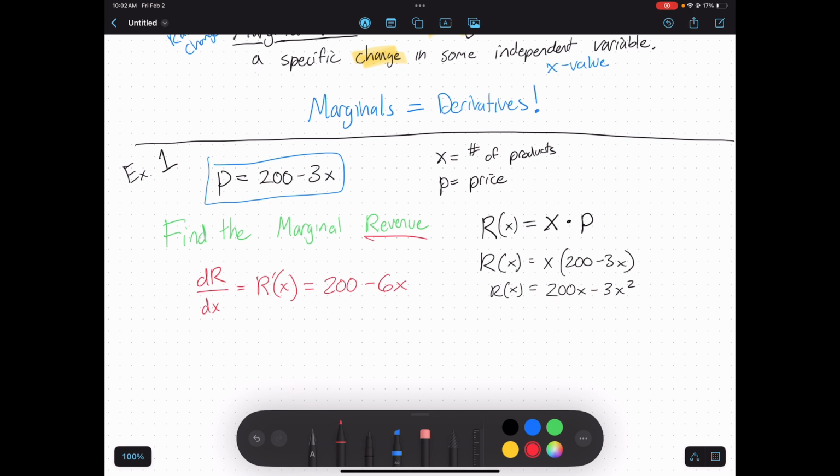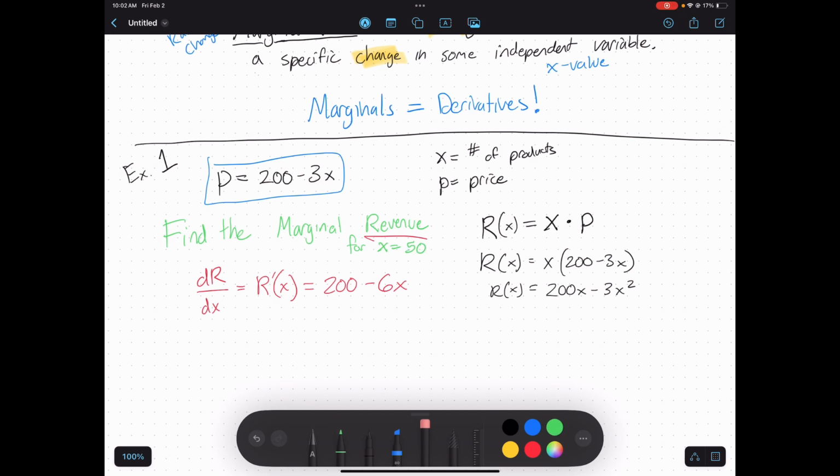Now, some questions might have you find the marginal revenue at a certain point. What all that means is that they'll want you to find the marginal revenue at a specific x value. To find that, find your marginal revenue, and then just plug in the value. So let's say for us, what's my marginal revenue for x equals 50?